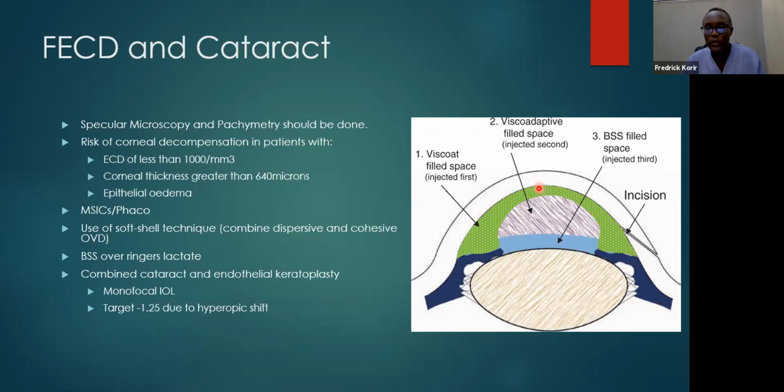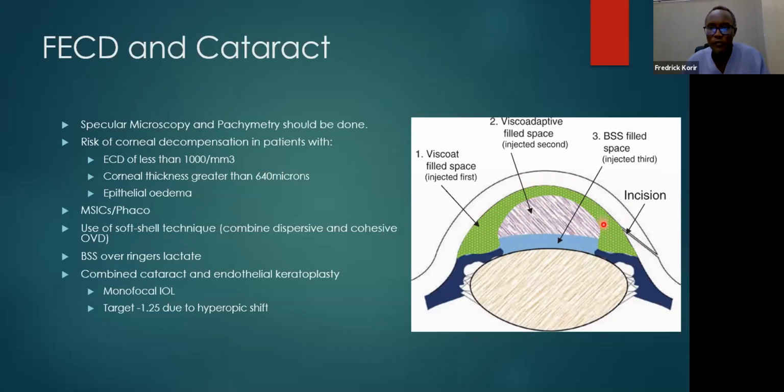In the market we have Viscoat and many others, and then you have the cohesive ones, like Healon and Provisc. Anything with sodium hyaluronate tends to be quite cohesive, and that sits in the center and forms the AC for you, while the dispersive coating goes around the endothelium and protects it much better.